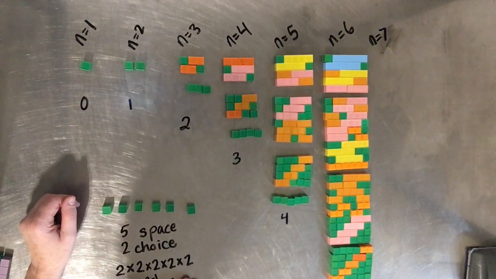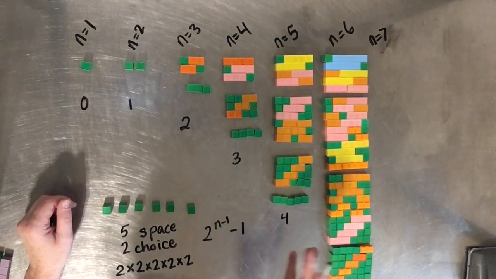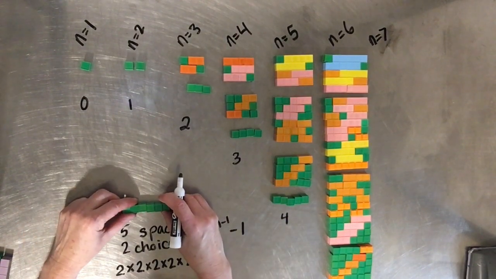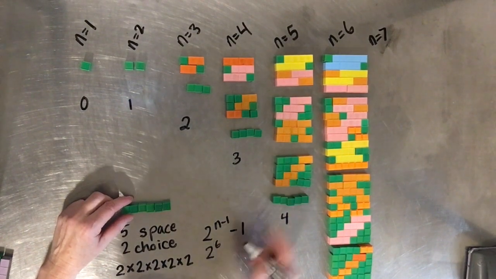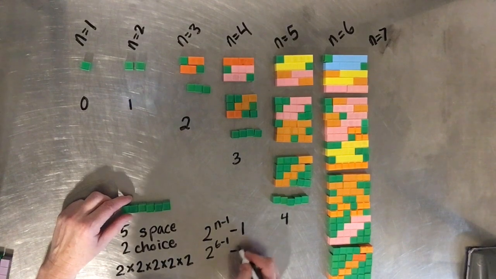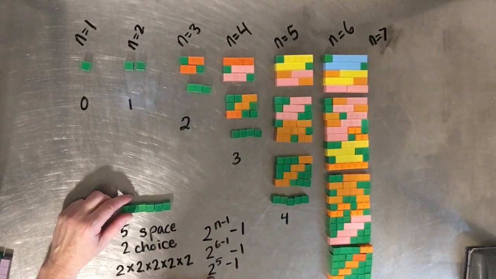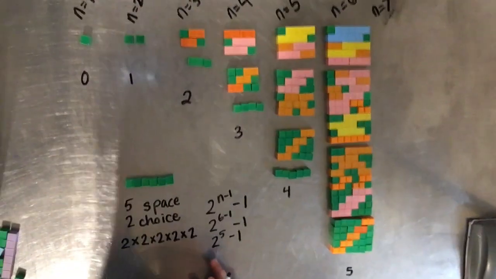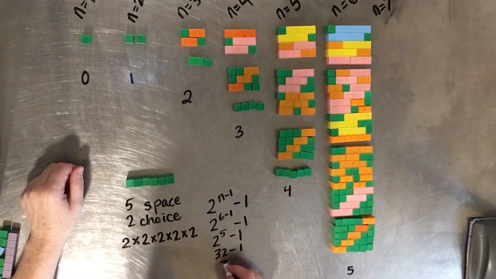Okay, so if we put 2 to the power of n minus 1, minus the 1 because we don't want to have no spaces, then it would be 2, and n is 6, minus 1, minus 1, 2 to the power of 5 minus 1. 2 to the power of 5 is 32. 32 minus 1 is 31.